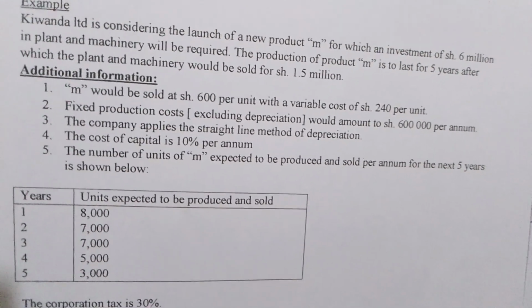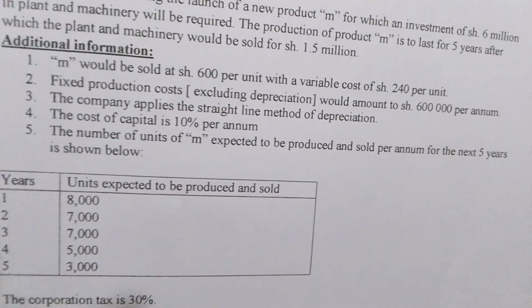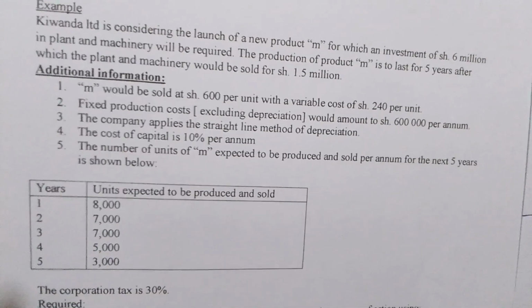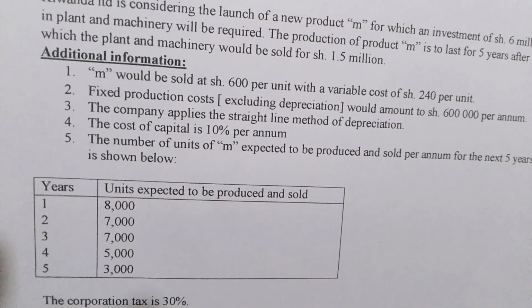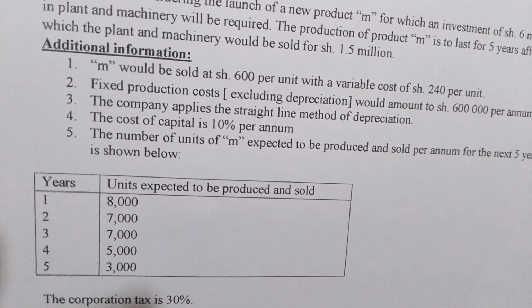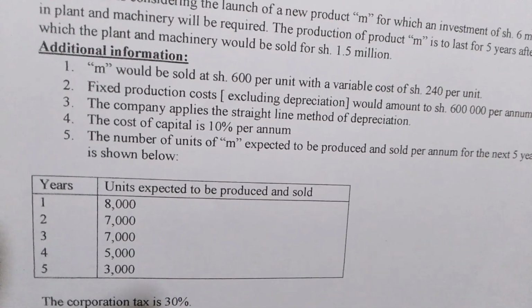Number 5, the number of units of M expected to be produced and sold per annum for the next 5 years is shown below. Year 1, 8,000 units. Year 2, 7,000 units.